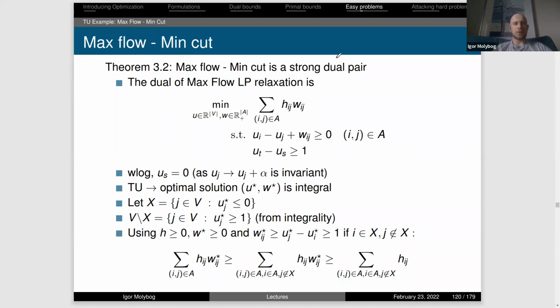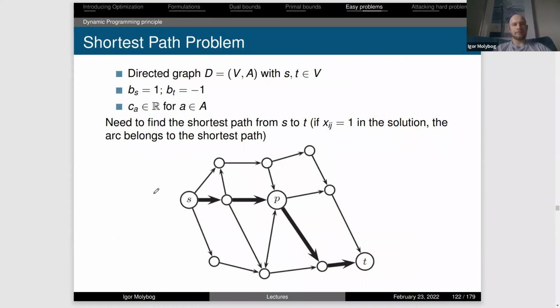Before, when we were talking about dual bounds, we have seen an example of a weak dual pair, and max flow min cut is a strong dual pair, and the way to show it is through total unimodularity.